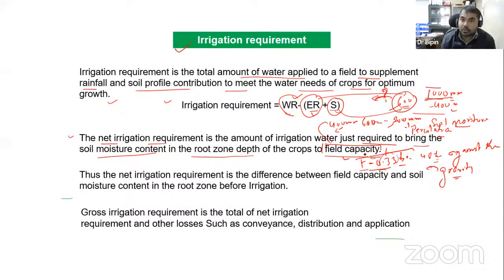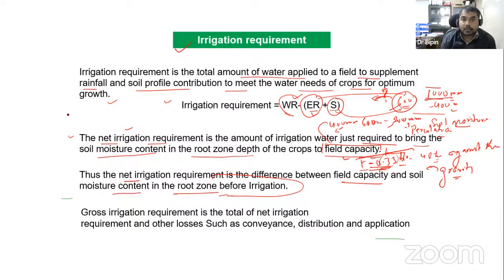So the amount of water retained at this soil water potential is actually called the net irrigation requirement. Thus, the net irrigation requirement is the difference between the field capacity and the soil moisture content in the root zone before the irrigation.